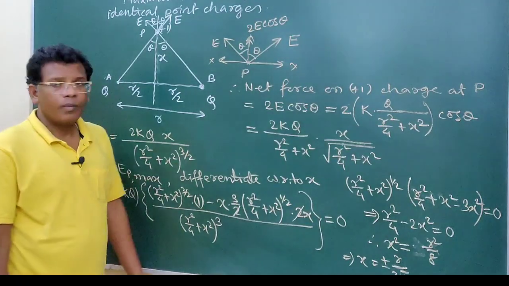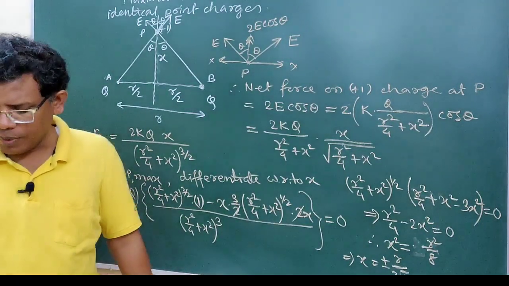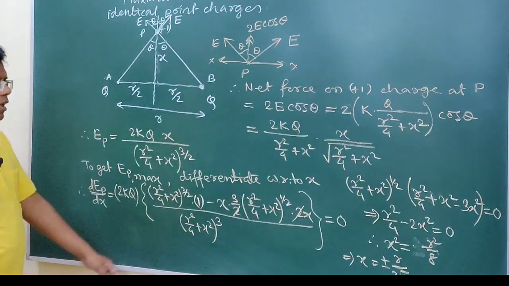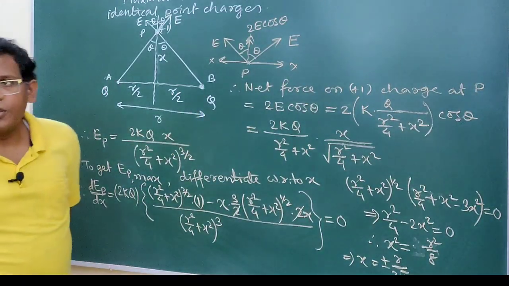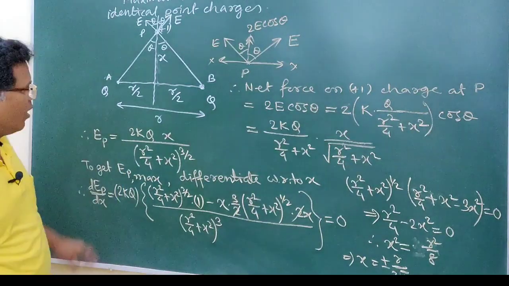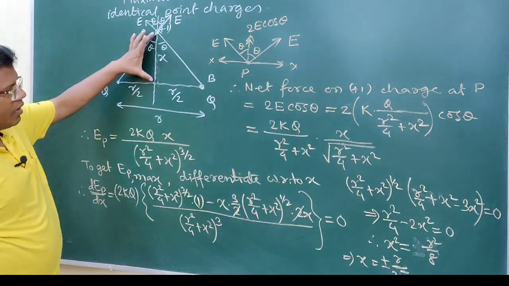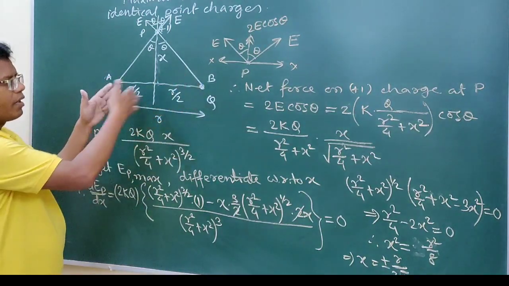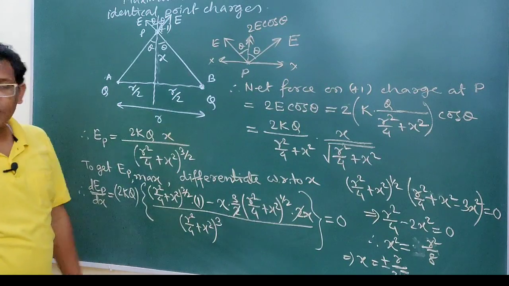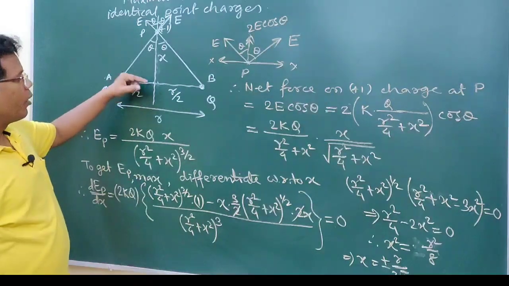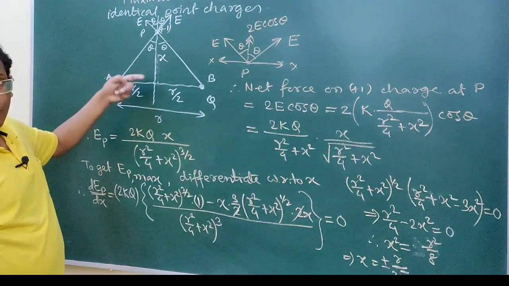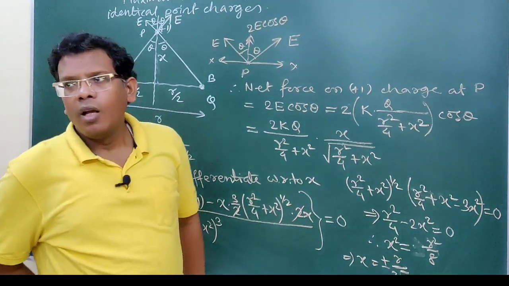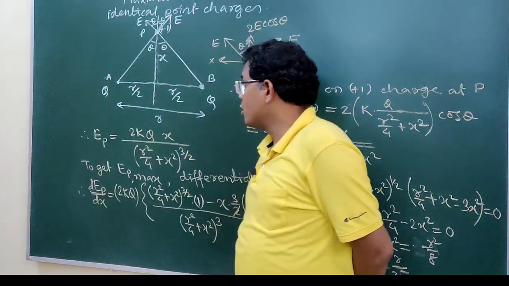So the exact position on the perpendicular bisector line of two given identical point charges, the position is possible at a distance which is r by 2 root 2, where r is the separation between two given charges. So plus minus means that point can be this way or below. On either side, equidistant position r by 2 root 2 is possible.